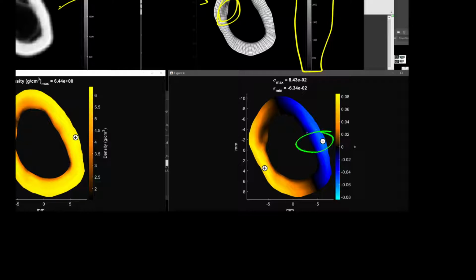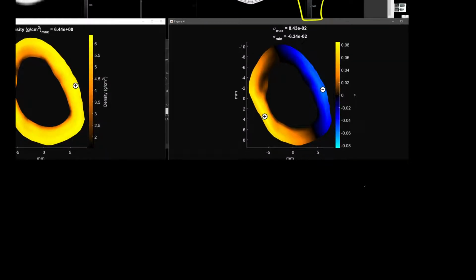A negative stress would mean compression. So that means the compression is happening over here in the blue. And then tension is happening over here in this orange color. So it's like we're compressing the bone with a bending moment in that direction.